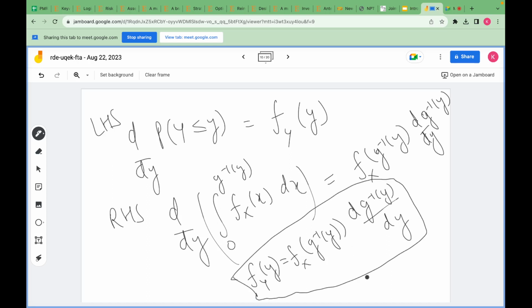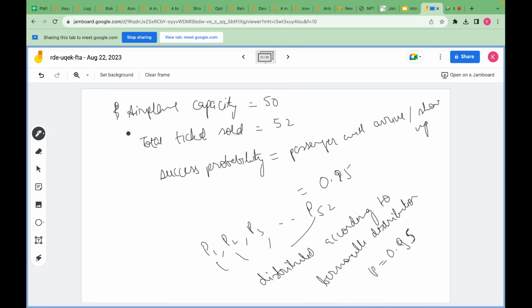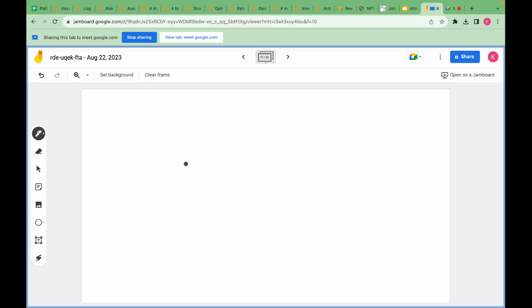But in the joint probability distribution we cannot find this thing. So in joint probability distribution, this is replaced by the Jacobian, where we all know what a Jacobian is.